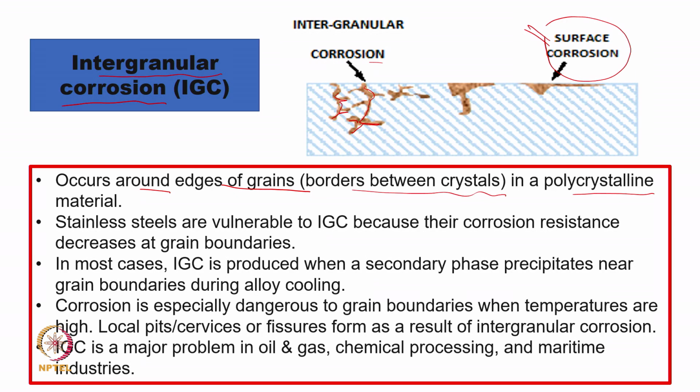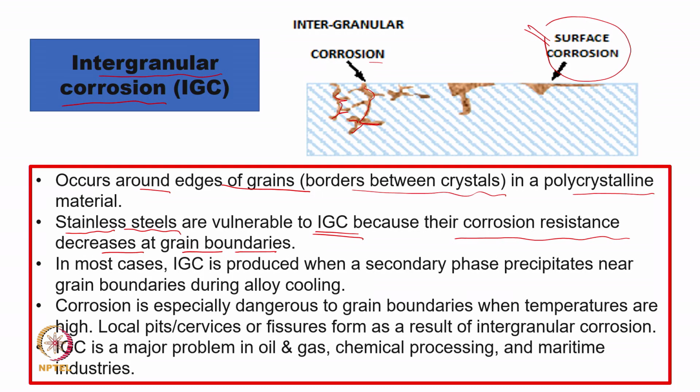Now, again we bring the example of stainless steel, which we said earlier is a corrosion resistant steel, but here we say it is vulnerable to IGC. There is a possibility that the stainless steel surface or the material gets a lot of corrosion, the reason being that the corrosion resistance decreases particularly at the grain boundaries.